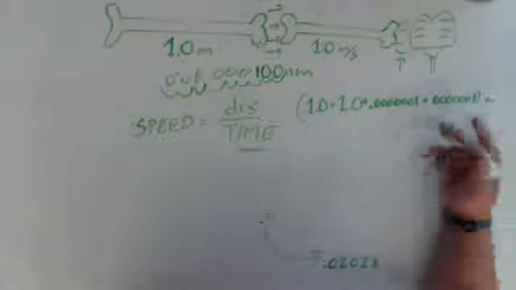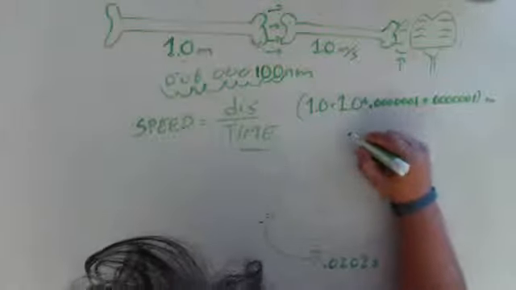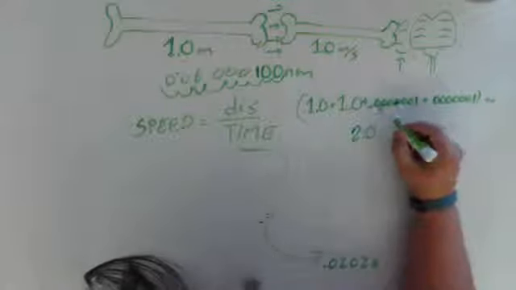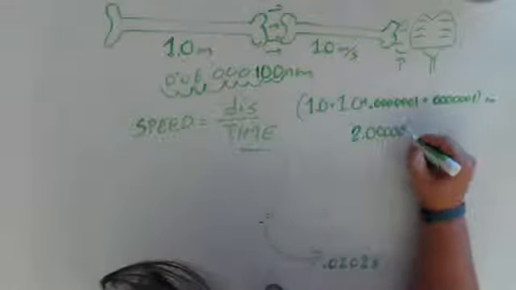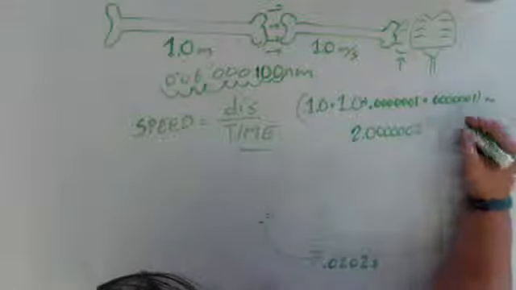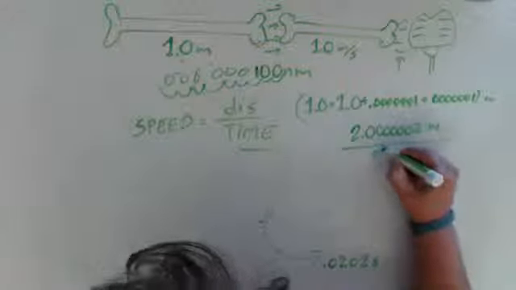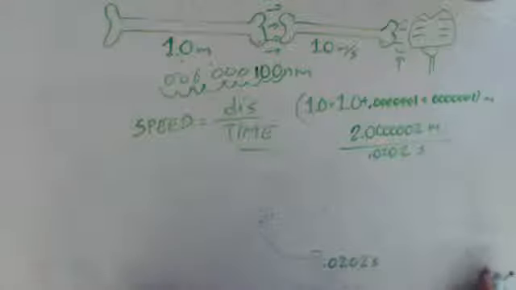Okay, it's basically 2 meters. I can put those in there, but it serves really no purpose. So 2.0 meters divided by 0.0202 seconds. That's the average speed.